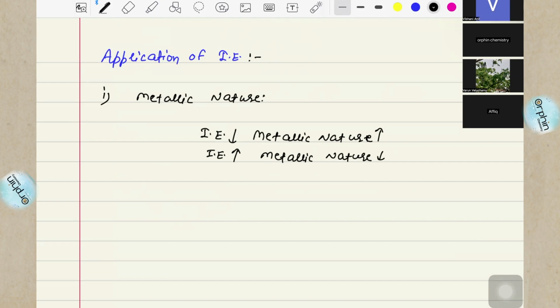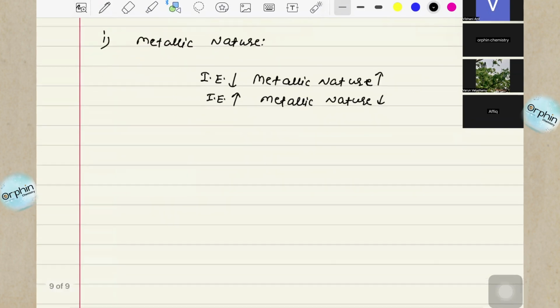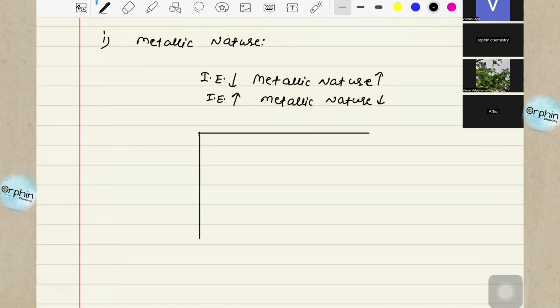Right? We do not need to remember this, please. If ionization energy is lesser, it means the energy required to remove the electron is lesser. That means it will be more metallic. Okay. So in the periodic table, when we are moving left to right, Z effective increases.